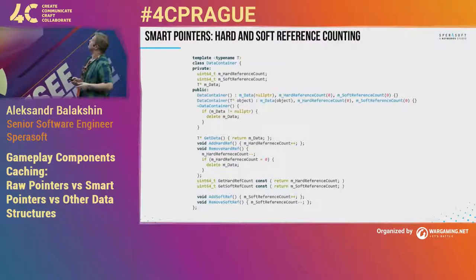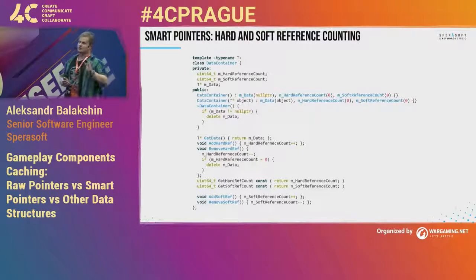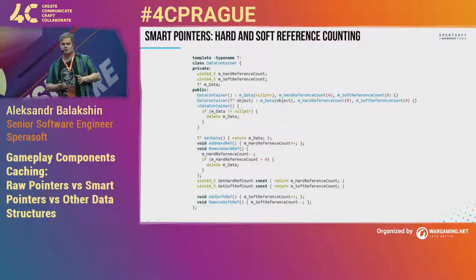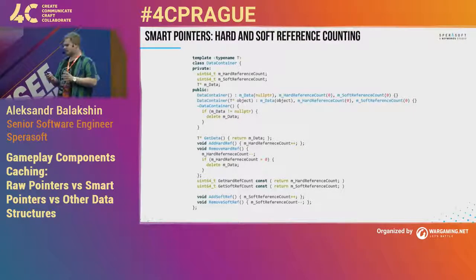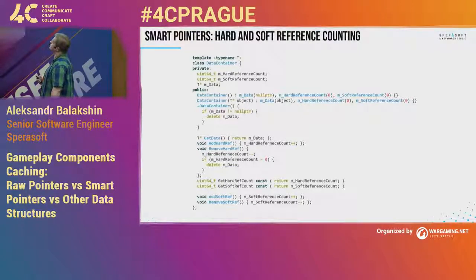Let's try to do it on our own. First of all, instead of a reference counter, we would use an additional data structure called a data container, which would have not only these reference counters, but also a pointer to the required data.